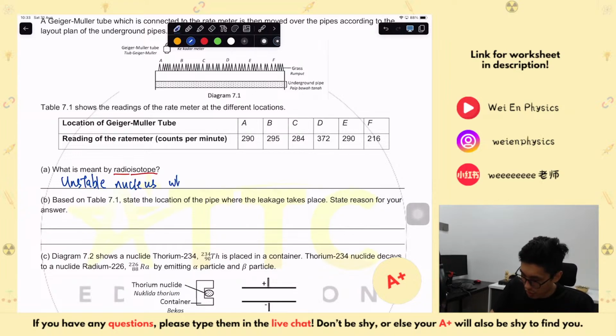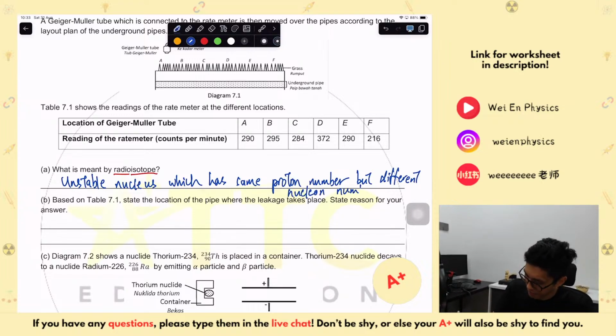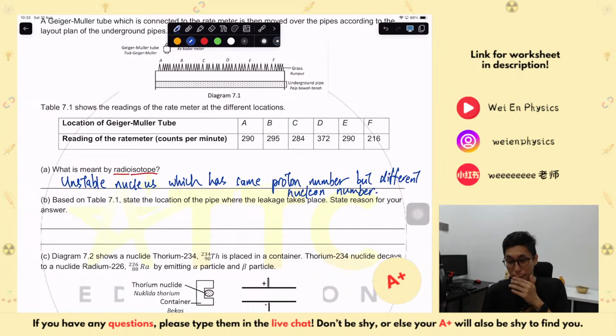Isotope has the same proton number but different neutron or nucleon number. Both make sense, both will be correct. So I just split into two words and then I explain both words one by one. Then you get the meaning of radioisotope already.